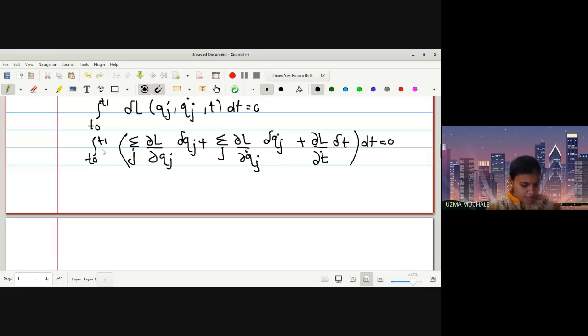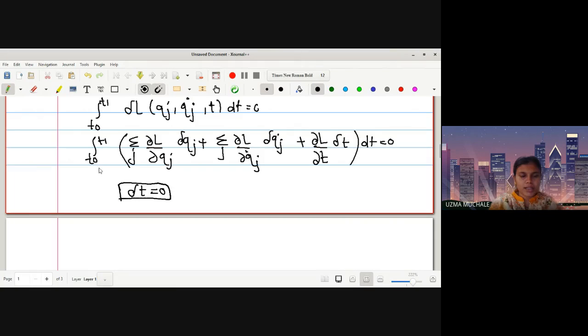Now the next step: we know that there is no variation in time, right? What is the instruction? You have to move within the time interval t0 to t1. There is no other choice for time. So if there is no variation in the time along any path, even at the endpoint, we can have δt equal to 0.